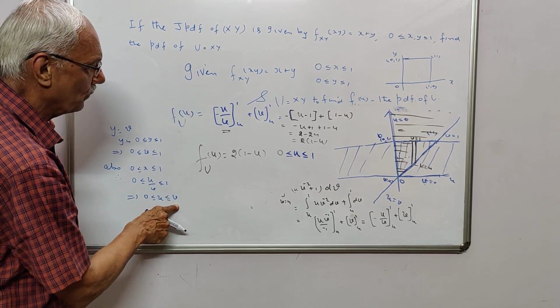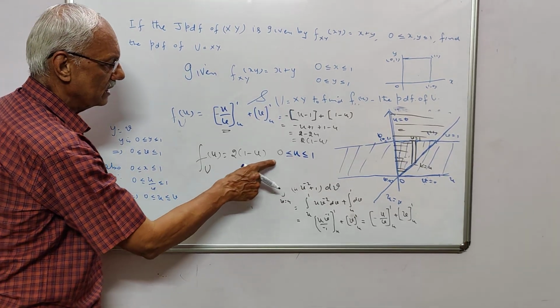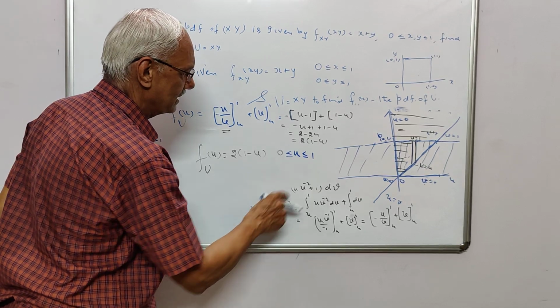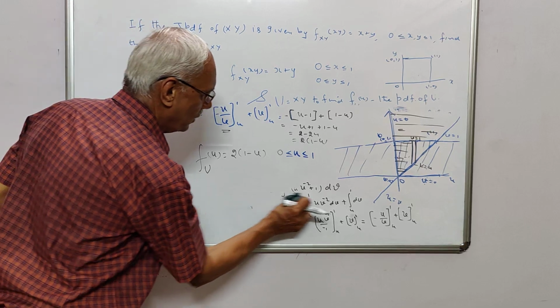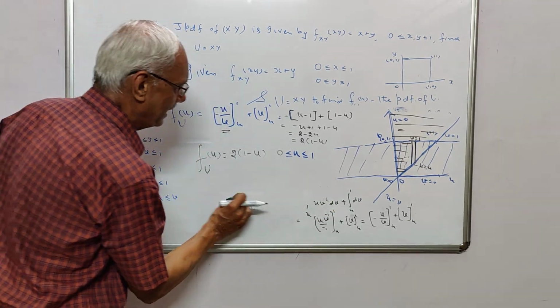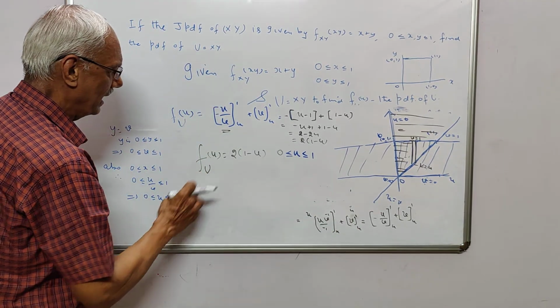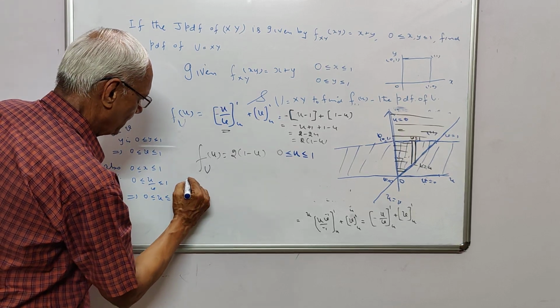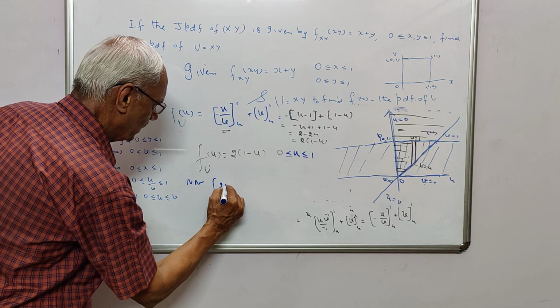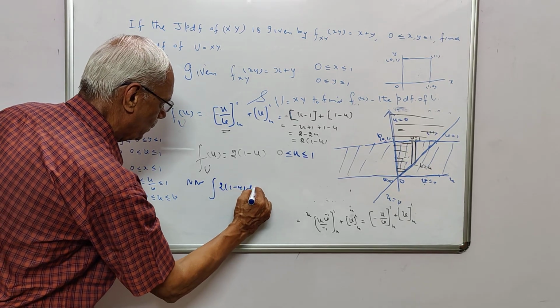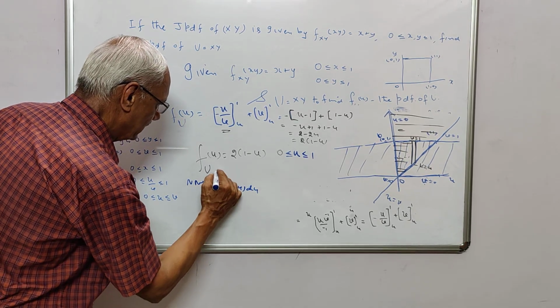So your limit of this u is 0 less than or equal to u less than or equal to 1. If you want to verify whether this is correct or not, then you just integrate over 0 to 1. Now you just check the integral of 2 into 1 minus u du from 0 to 1.